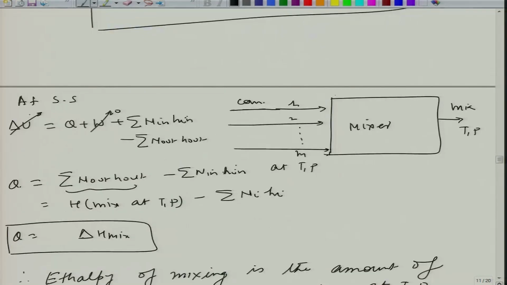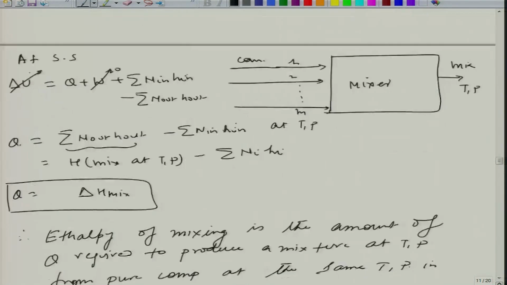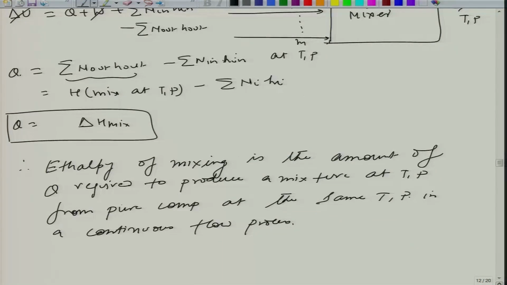We took the case of a mixture at steady state, where if you mix components 1 to m at a constant temperature and pressure, and the final mixture is at the same temperature and pressure, then delta H of mixing is nothing but the Q here. So, enthalpy of mixing is the amount of Q required to produce a mixture at temperature and pressure from pure components at the same temperature and pressure in a continuous flow process.